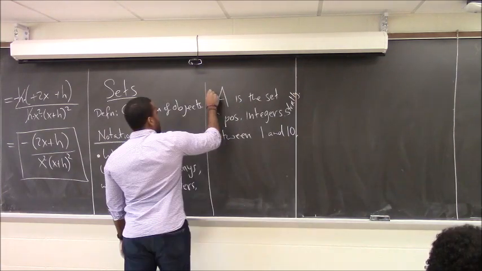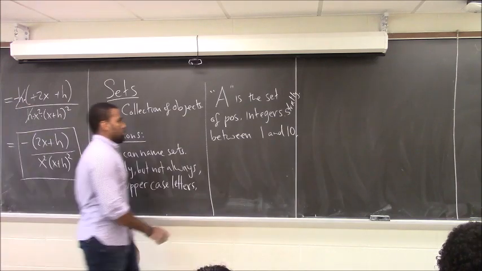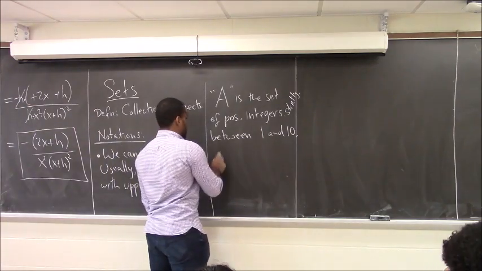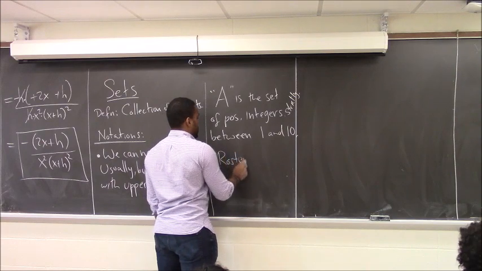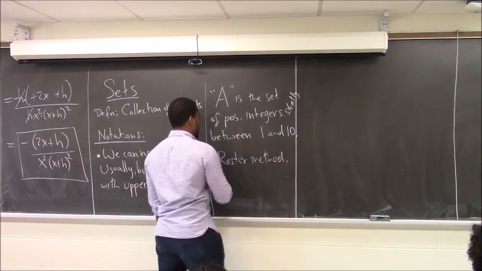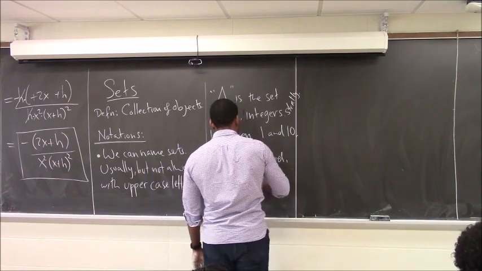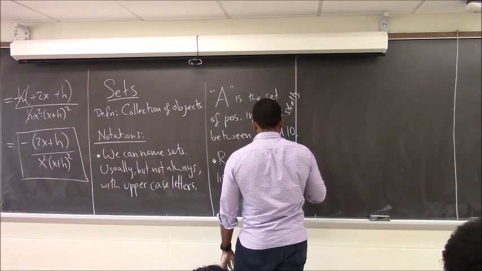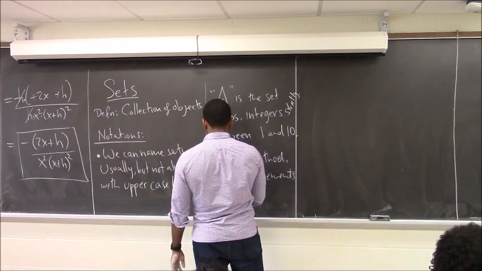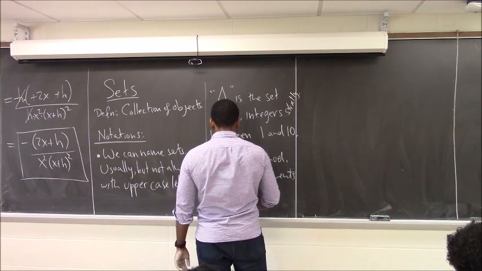So I can actually name a set. There's also something called the roster method. And this is listing the elements of the set. So the individual objects, we call them elements.